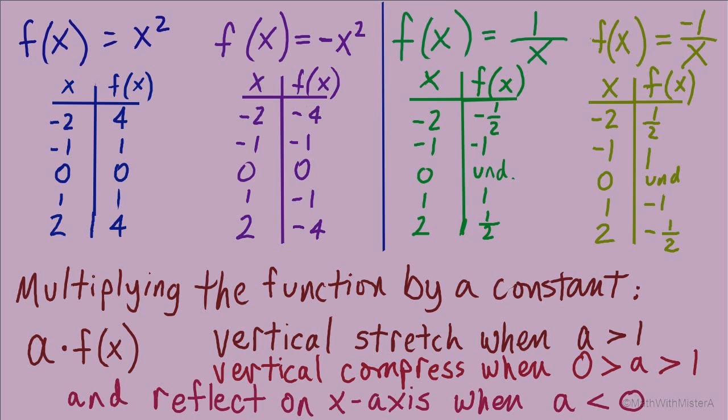But think of this as when a is positive, and that if a becomes negative, you must also incorporate that this graph is being reflected. If we're multiplying by a -1/3, it's still being squeezed to 1/3 of its size, closer to the x-axis, but then it will also be reflected on that x-axis. So that sums up our first function transformation when we multiply the function by a constant.